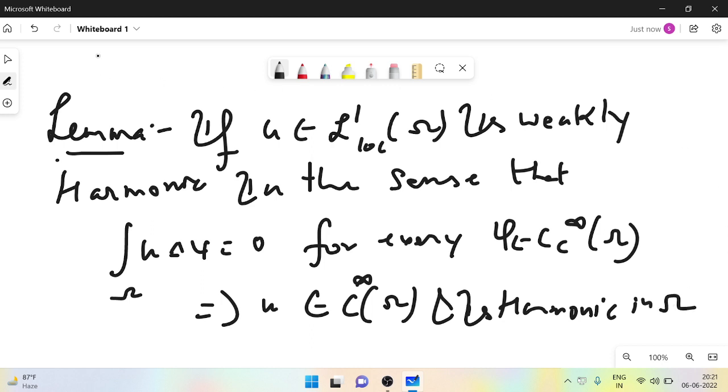So it is kind of like weak convergence implying strong convergence.